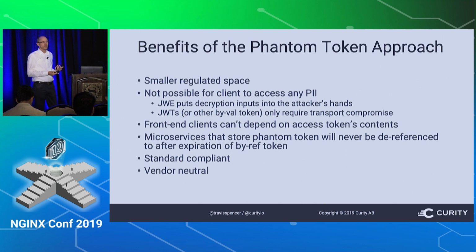The alternative to this would be to encrypt the JSON Web Token. But then we're putting the decryption inputs into the hand of the attacker and saying, I dare you to decrypt this. And if there's a flaw in our encrypting of that web token, it might actually be possible to decrypt that. With JWTs, we also only need to compromise the transport.